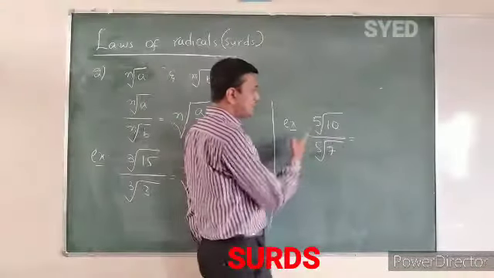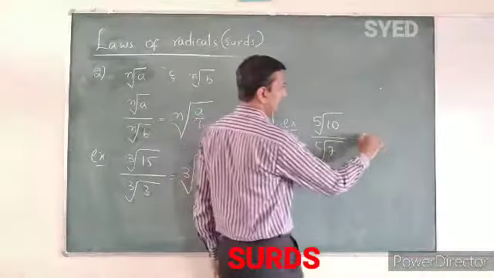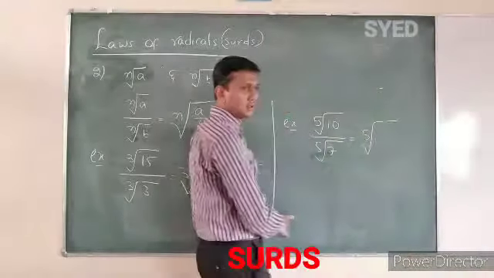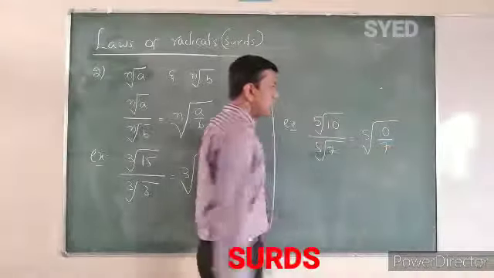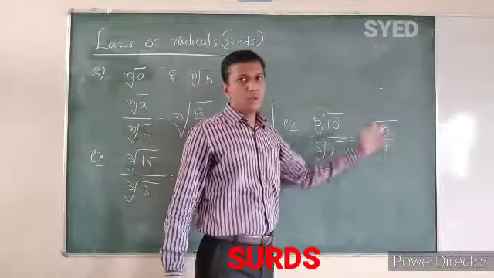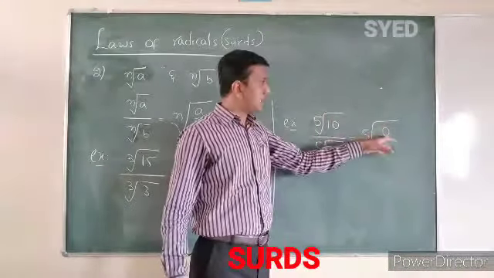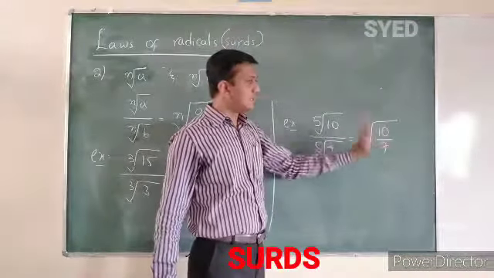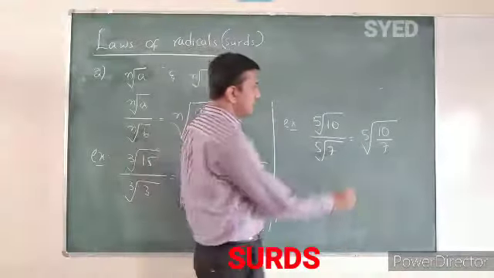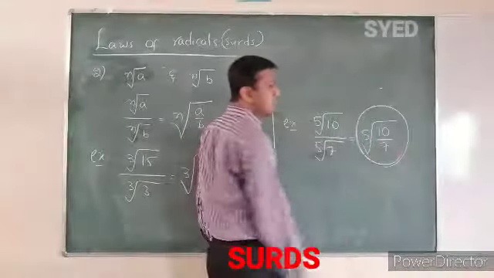Because the order is the same, I can write 5th root 10 by 7. Is this going to be simplified? No, because 10 and 7 have no common factor, so we cannot divide. We can keep it like that only.